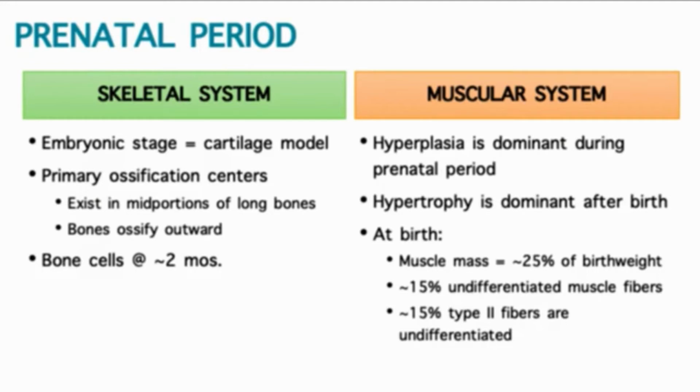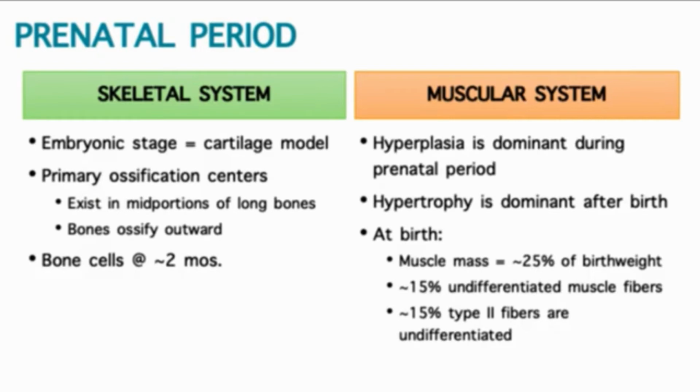And then typically we're going to notice bone cells around the 2-month period of the prenatal stage. So if you're thinking about this in weeks, it would be around the 8-week mark, when you have a relatively human-like structure.